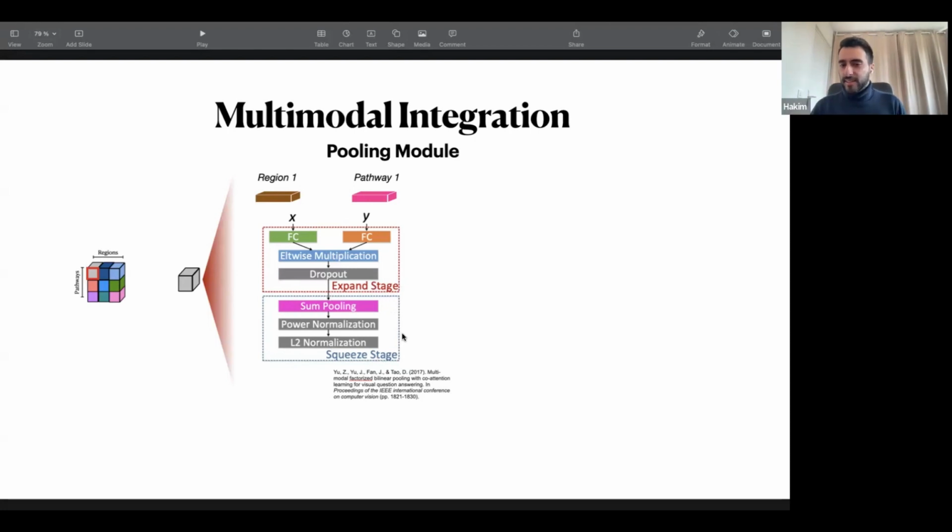So here we tested, for this study, a lot of different types of pooling, and we found that this was the best compromise between number of parameters and efficiency.